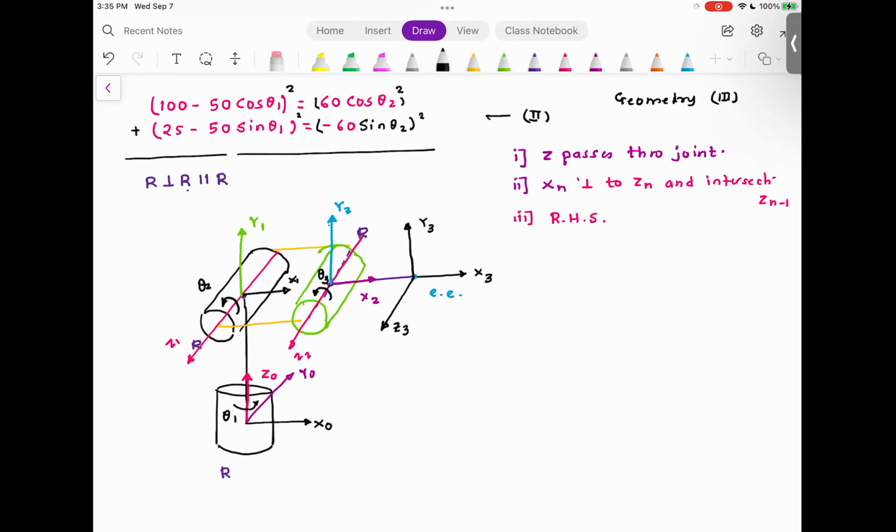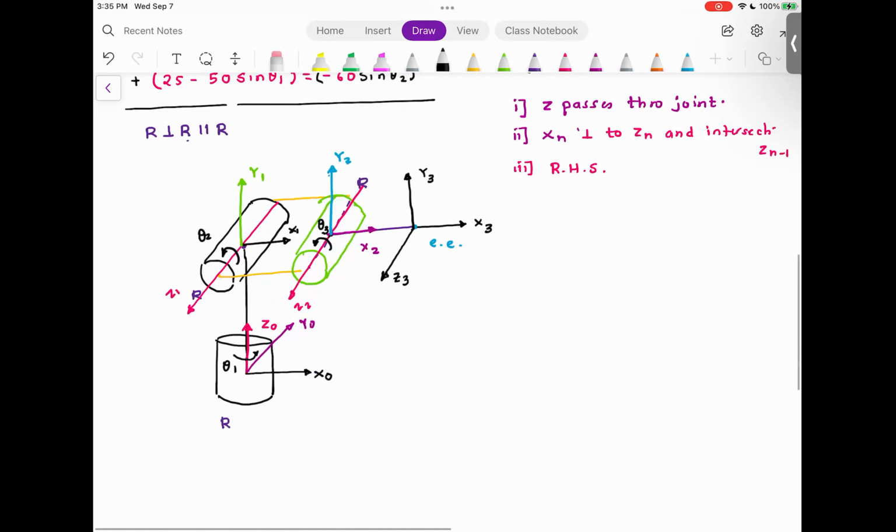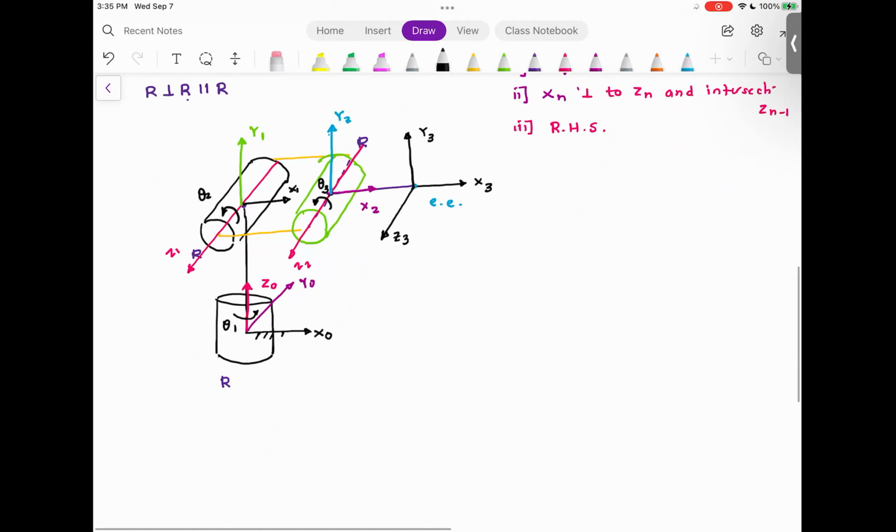But once we are comfortable solving the forward and inverse kinematics problem, I will take the problems where there are exceptions to these rules and we have to add intermediate frames so that the rules can be satisfied. So look something like this. The 0th frame is the inertial frame.